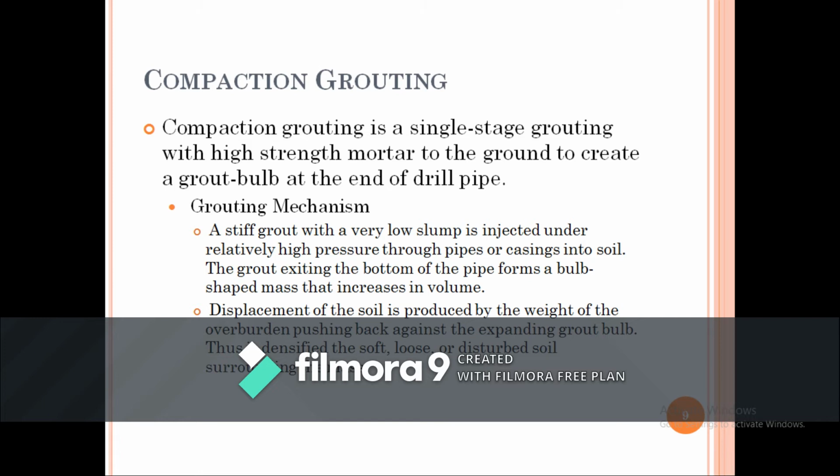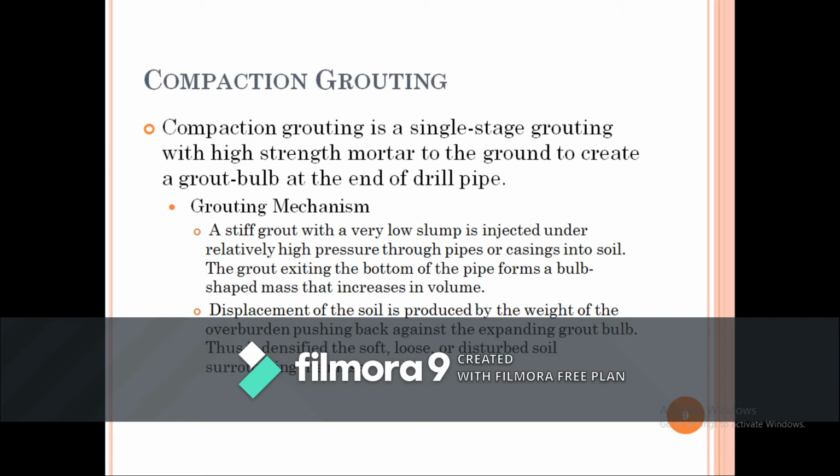Displacement of the soil is produced by the weight of the overburden pushing back against the expanding grout bulb. So what is happening? Once you have injected this bulb, you are trying to remove the tubes or pipes. When you are removing those tubes or pipes, there is some overburden pushing back, causing pressure against this bulb.